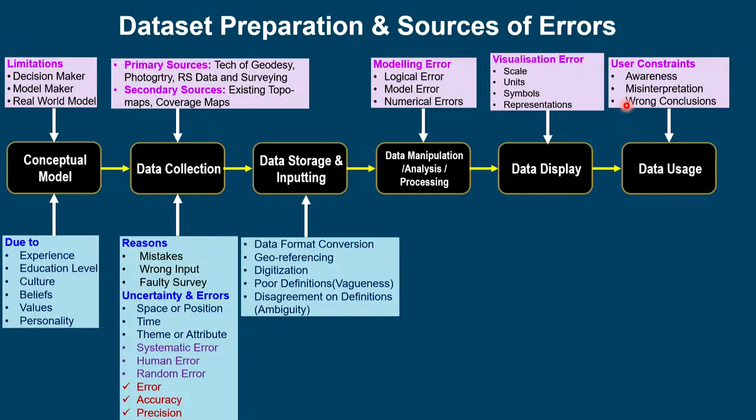If you are not using those or not following the standard units or scales, then the final map will not reflect the correct meanings. So because of mismatching of the symbols or the scales, you are introducing certain errors at this level also. You should be very careful at each and every stage about how to minimize errors at that particular stage.